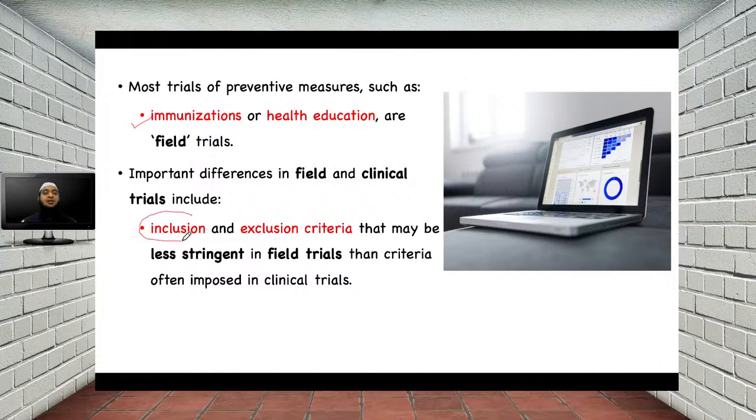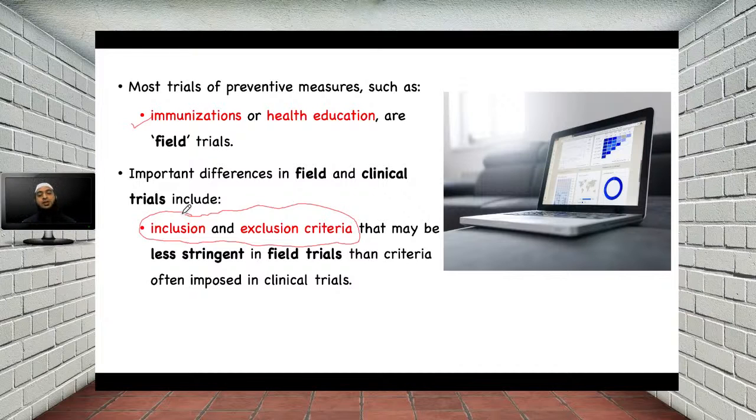In case of a clinical trial, there are very strict inclusion and exclusion criteria. Let me give you an example. In a trial of an oral contraceptive, the inclusion criteria could be females of childbearing age, or females who are already married and sexually active.